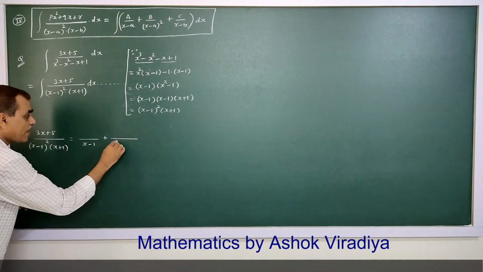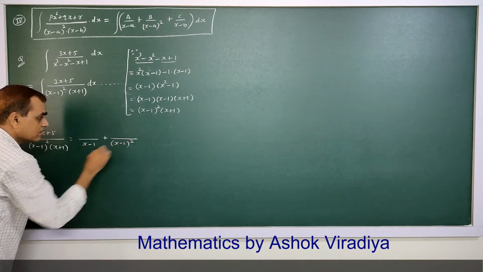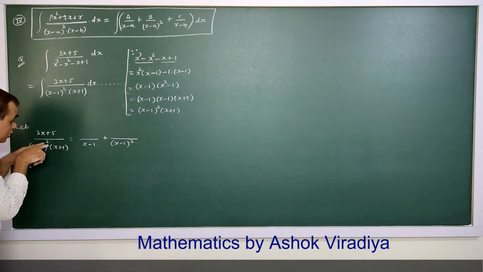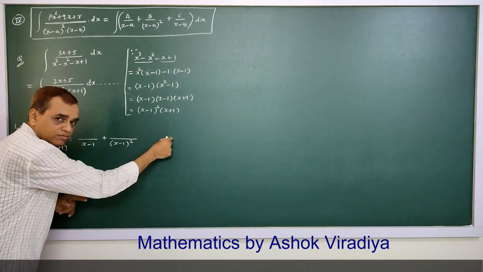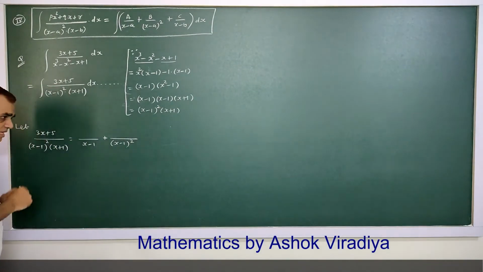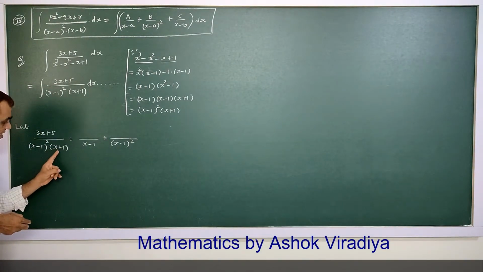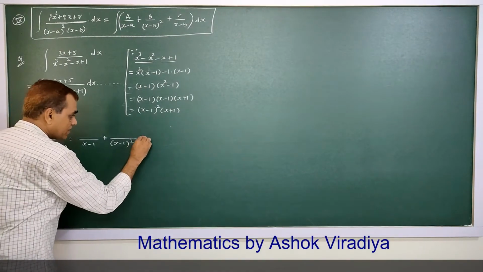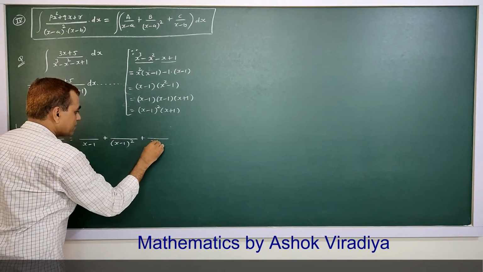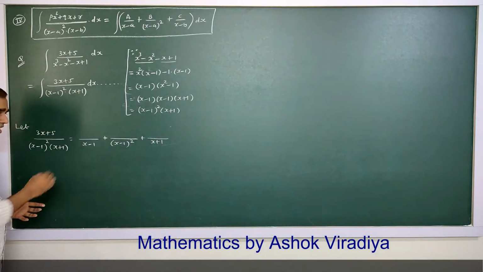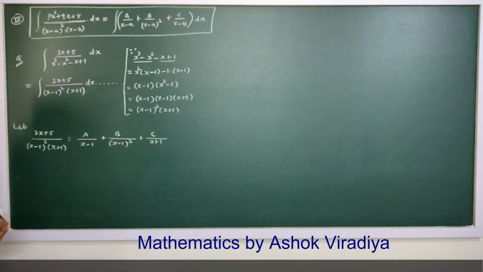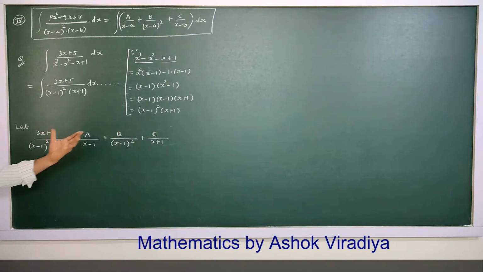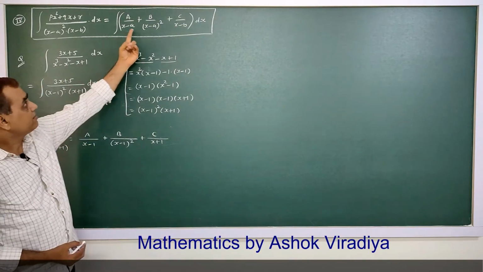Then keep the square. If you find a cube, keep one more step and put the cube, but here the square is given. Then this is non-repeating, so plus x plus 1. Keep here a, b, c. So this can be converted in this form. See, I have taken this method.